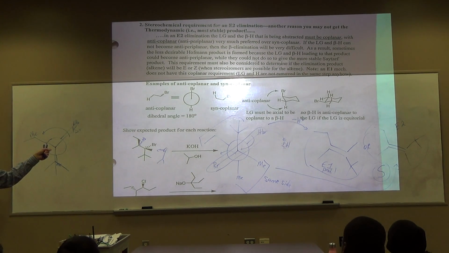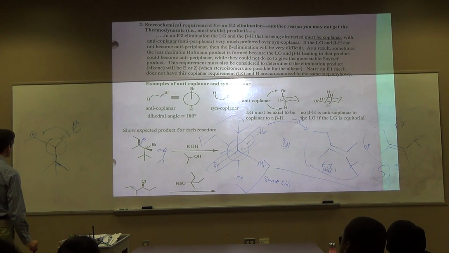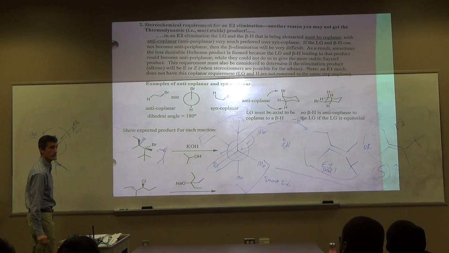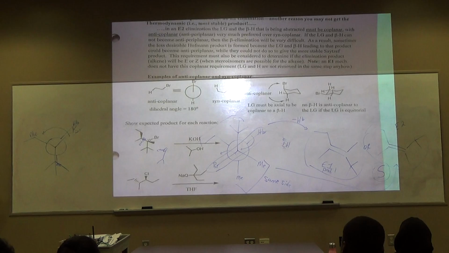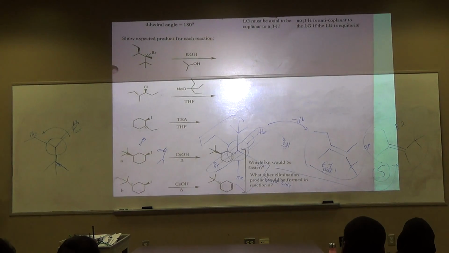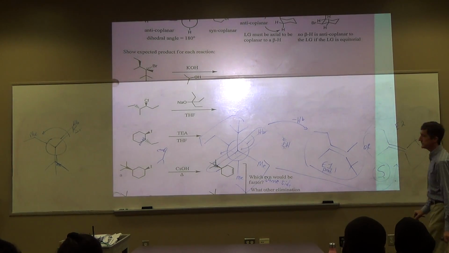But this example was the E2, so this first reaction gives the E2 product. Okay? Questions about any of that? All right, you can do the second one on your own there.